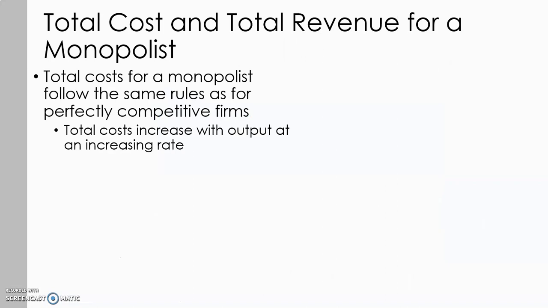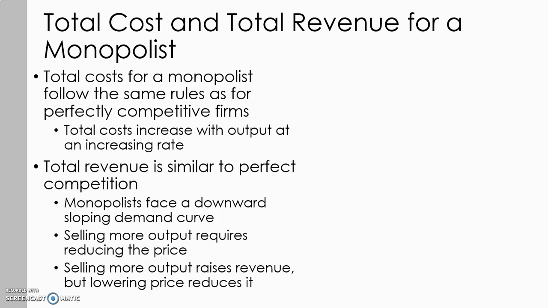For a monopolist and a perfectly competitive firm, total costs are going to increase, usually at an increasing rate. But monopolists facing a downward sloping demand curve face a trade-off. As they sell more units, they have to give discounts by lowering the price. Keep in mind, we don't have the ability to look at different people and tell what their willingnesses to pay are.